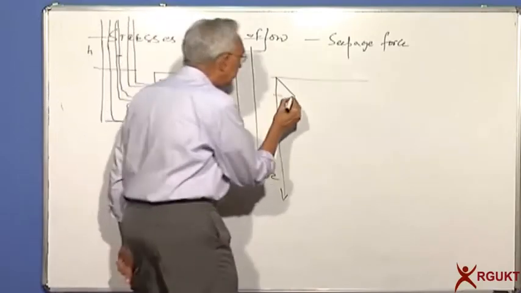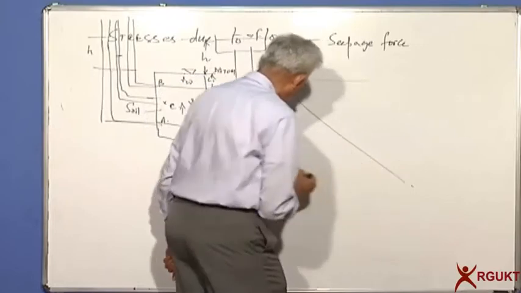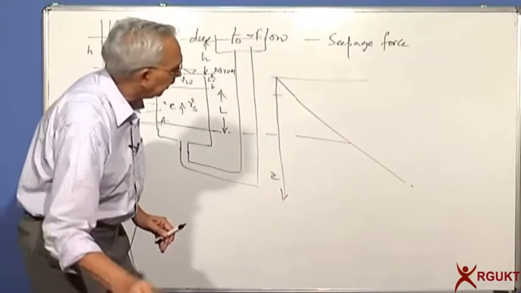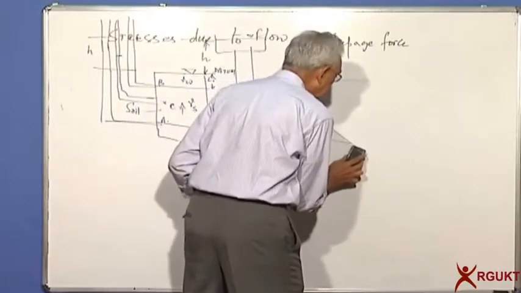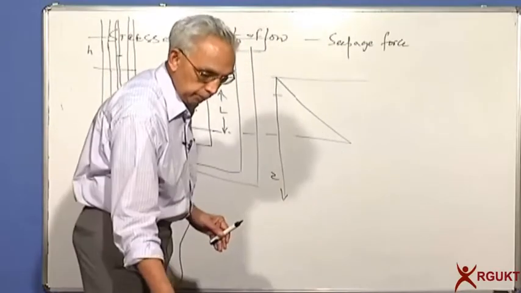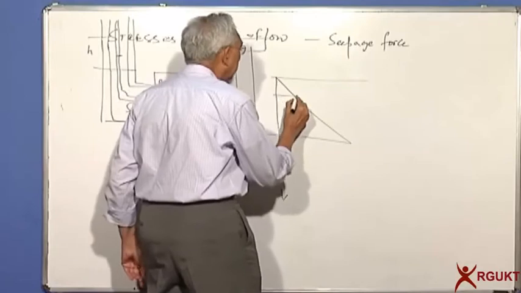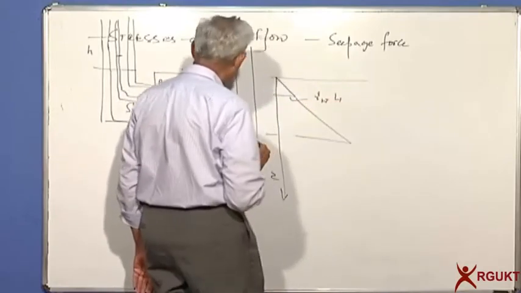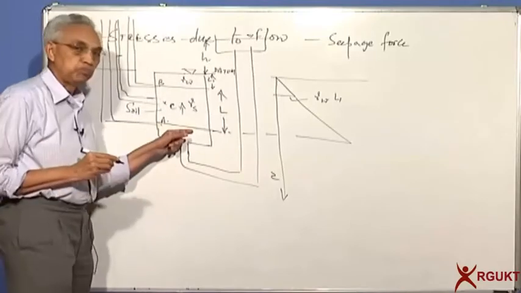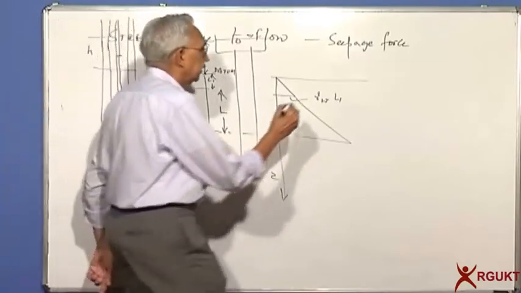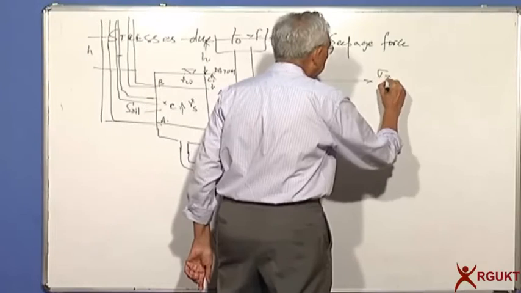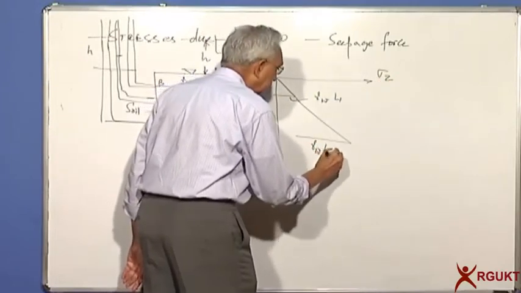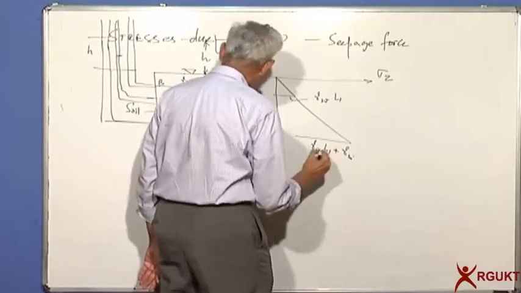And from here, let's not go too far below, we'll stop somewhere here. This will be equal to gamma W into L1, whereas at the bottom, the total stress sigma Z is equal to gamma W into L1 plus gamma saturated into L.